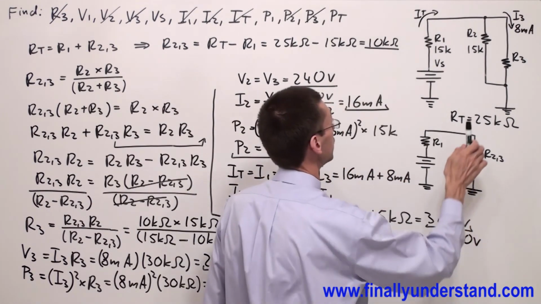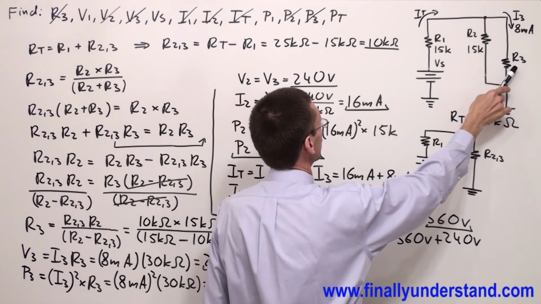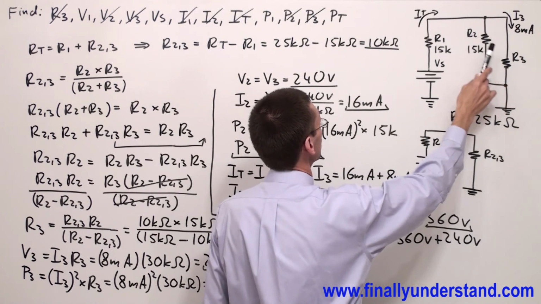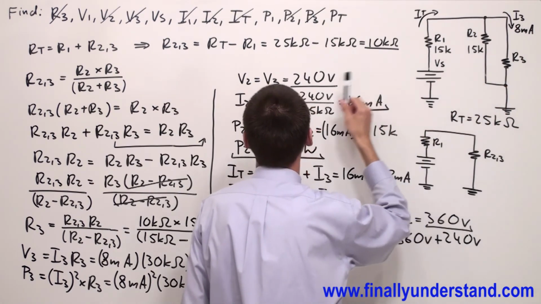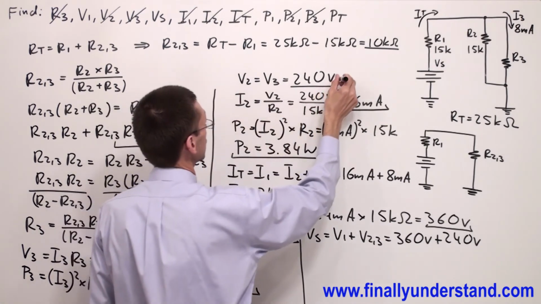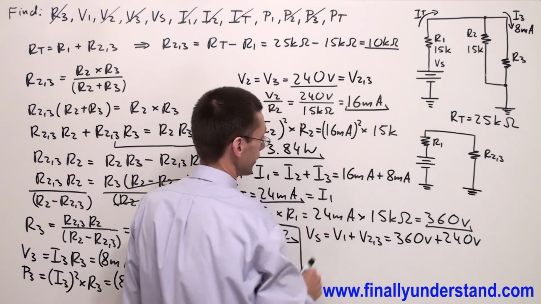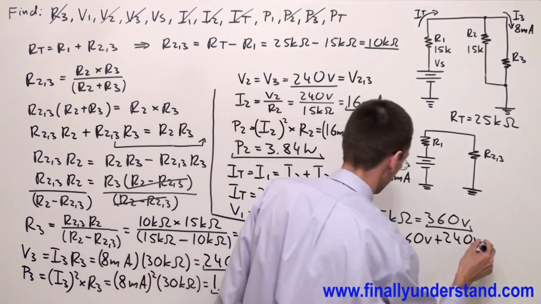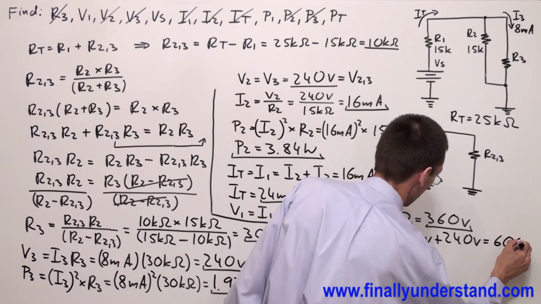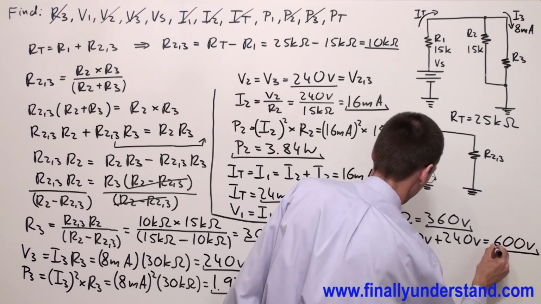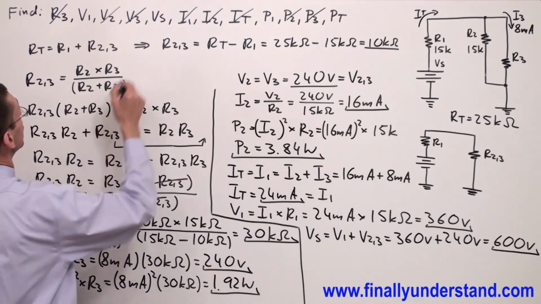Okay, don't forget, if you have voltage across resistor R3, the same voltage is going to appear across resistor R2 because they're in parallel. Okay, so V2 is equal to V3. We can also call this V2, 3. So everything is equal to 600 volts. Okay, so this is my voltage source.